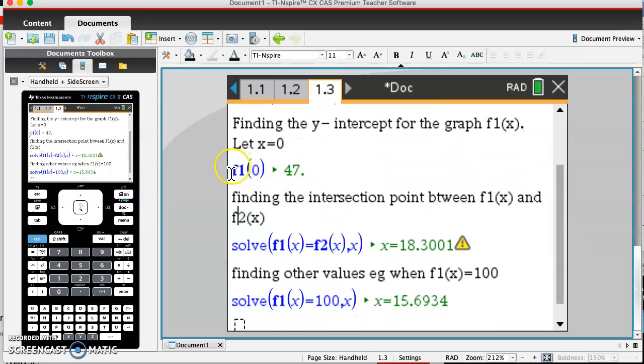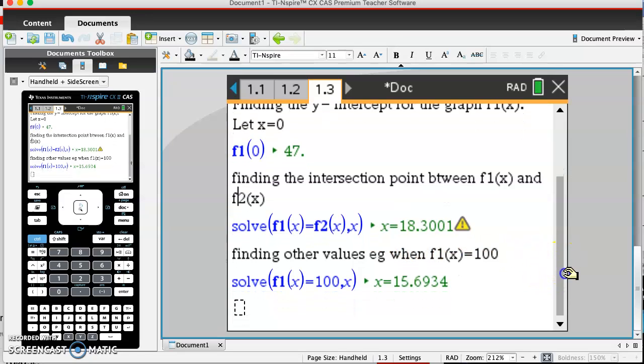So we simply type function number 1 and replace the x with the value we're interested in, 0. If we want to find intersection points, we let the two graphs equal one another.